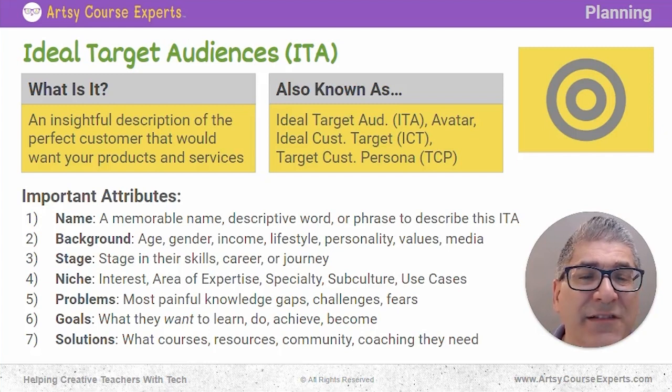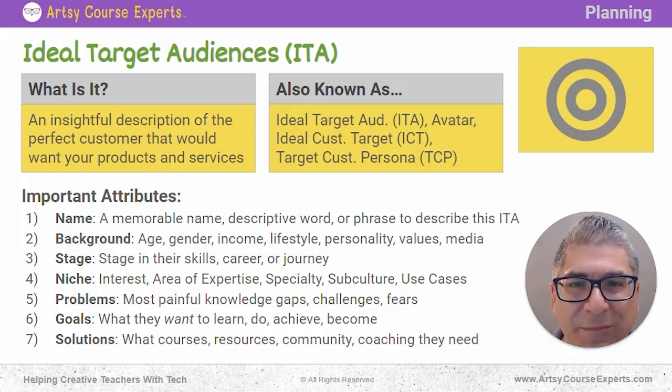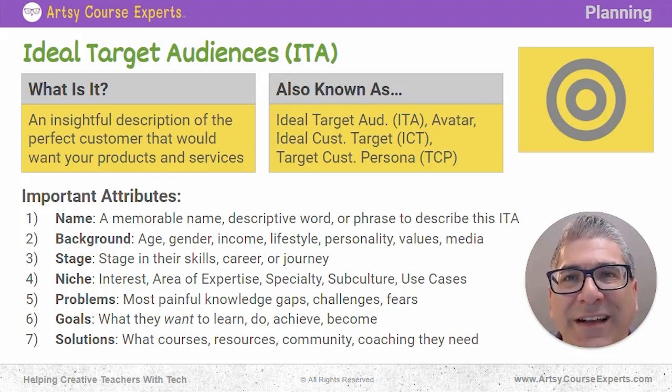When you're creating ads, there's a handful of phrases that you might use that are those big words on your ads. What are those big words? You only have a few characters, a few words on each ad. So by studying your ITA, you're going to be able to identify a specific hook or a pain or a solution that appeals directly to your ideal target audience.